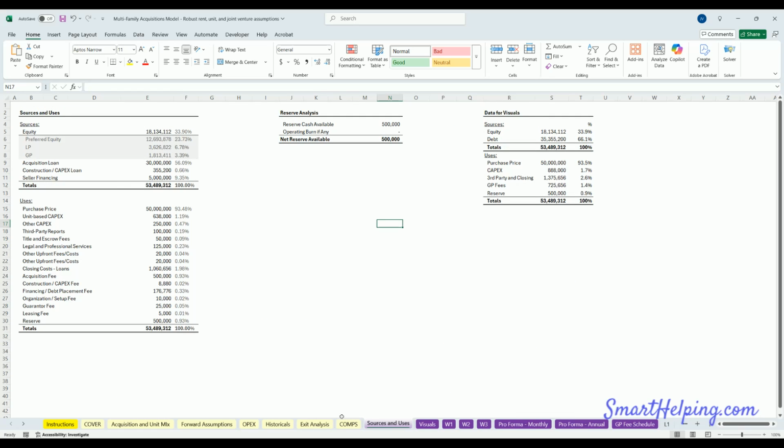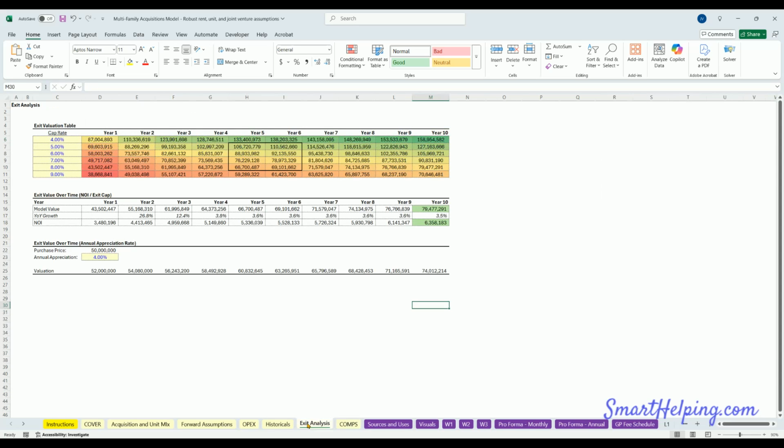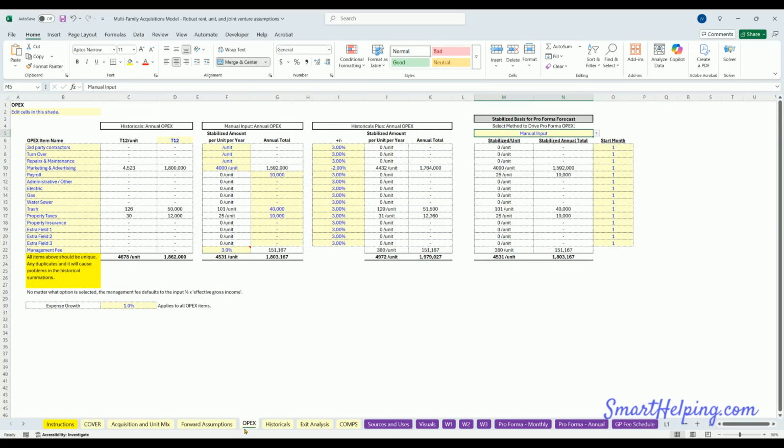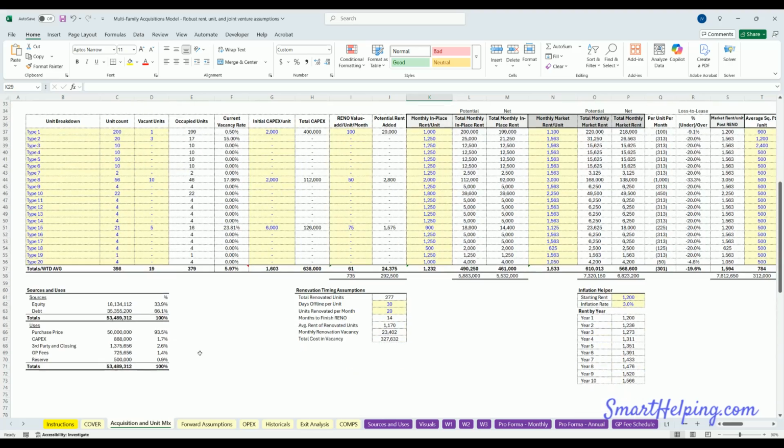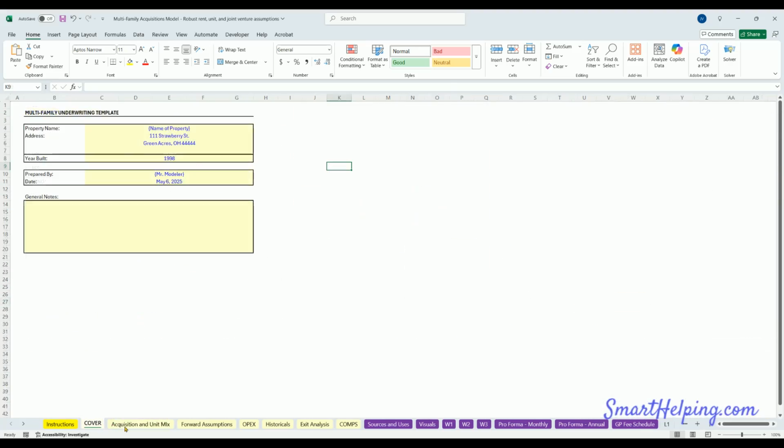Sources and uses, comparables, exit analysis on different exit cap rates. So pretty great model. I've had a lot of purchases on this so far. Great feedback. Looking forward to more real estate guys using this and getting more feedback. I hope it's a tool that's quick but concise, although detailed enough to get you what you need to underwrite as many deals as possible without having to update much of the logic.